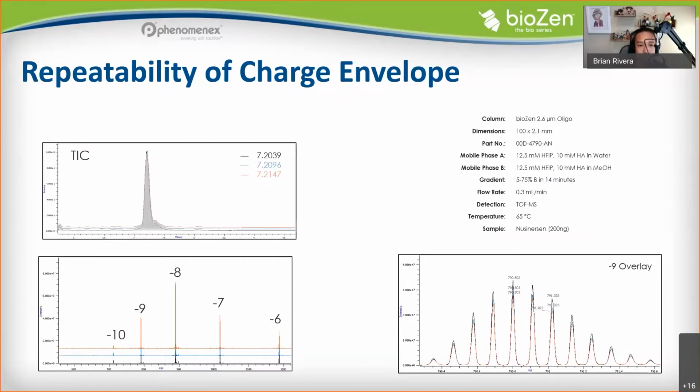Otherwise, again, retention times still tend to be spot on, and even decreasing that HFIP shouldn't adversely affect the method robustness too much. Although it is something to consider. If robustness is of the utmost concern, sensitivity is not as much of an issue, and maybe your separation is good enough, increasing the HFIP as well as the ion pair may, of course, give you a little bit better mobile phase stability.